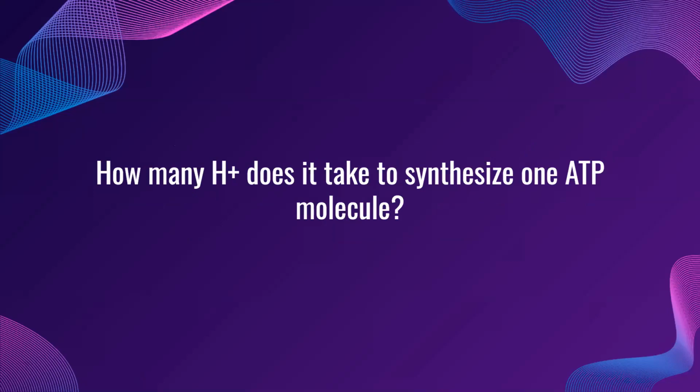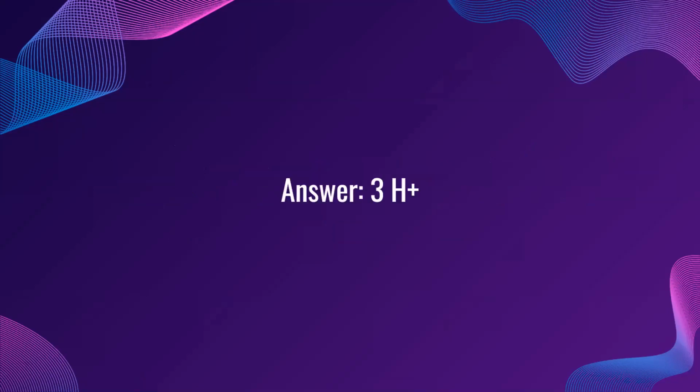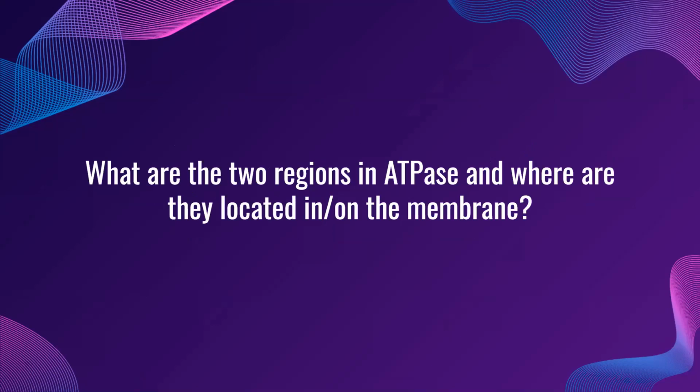How many hydrogen ions does it take to synthesize one ATP molecule? 3 hydrogen ions. What are the 2 regions of ATPase and where are they located in or on the membrane?